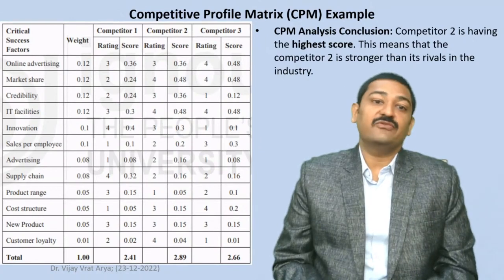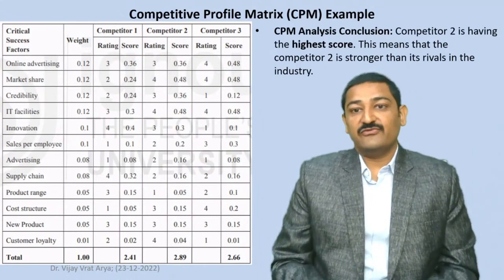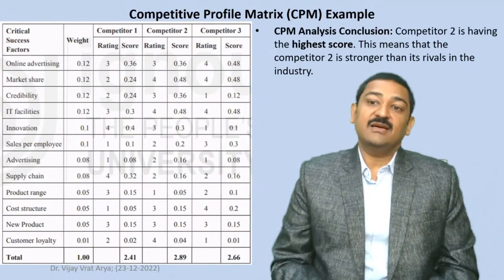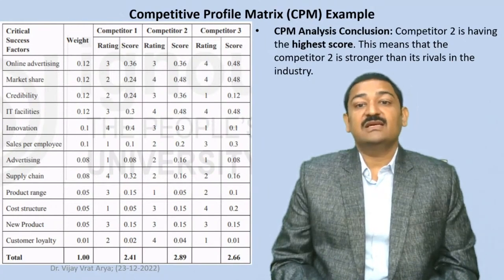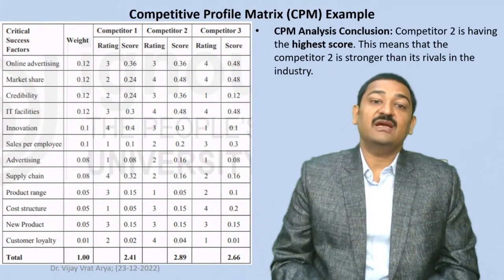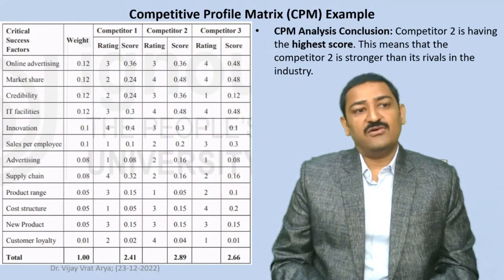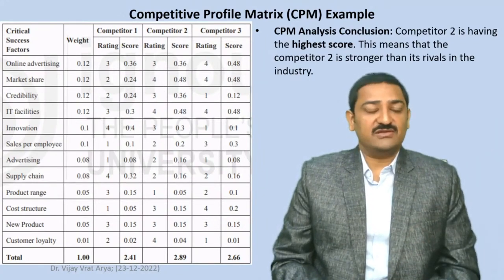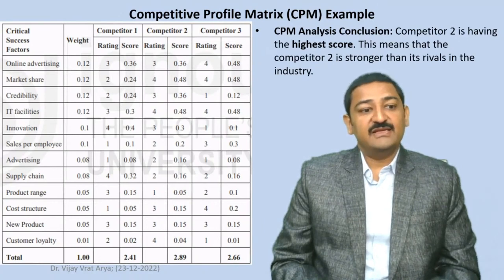So, if we try to conclude this example in terms of the analysis, competitor 2 has the highest score, that is 2.89. This means that competitor 2 is stronger than its rivals in the industry, that is competitor 1 and competitor 3.